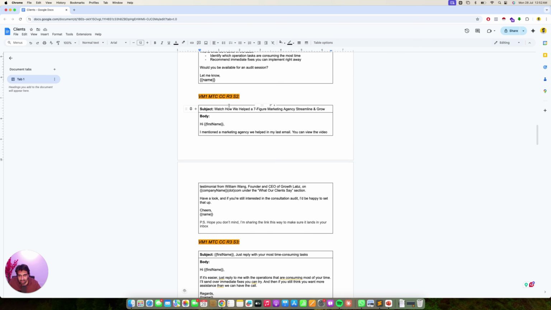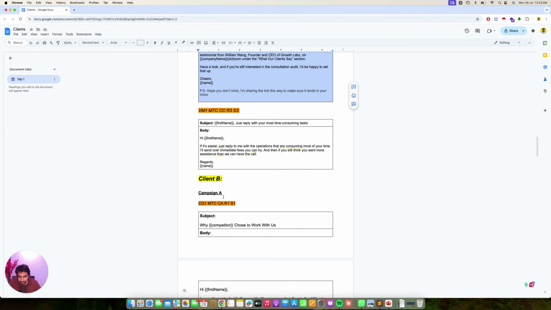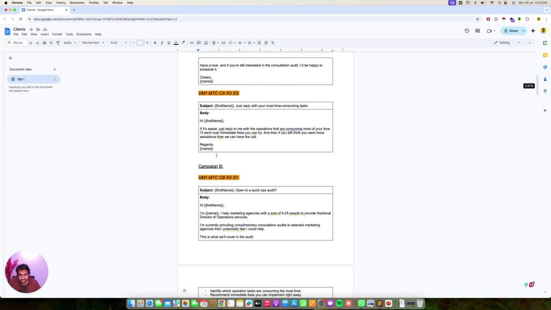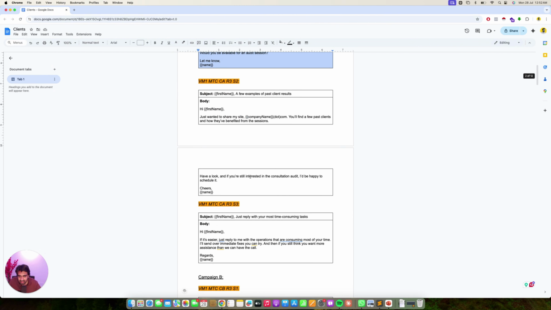For campaign C sequence 2, it's also the same as campaign B. Yep, this is also the same. Yeah, that's it. If you take a look at client A, the main difference is campaign A I took from the previous round since it was a winning campaign.